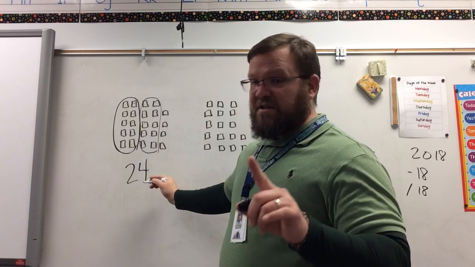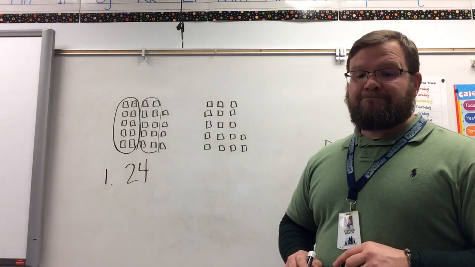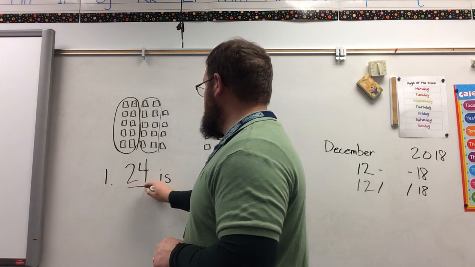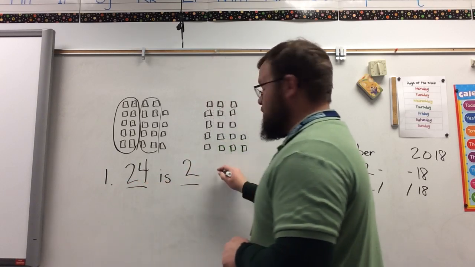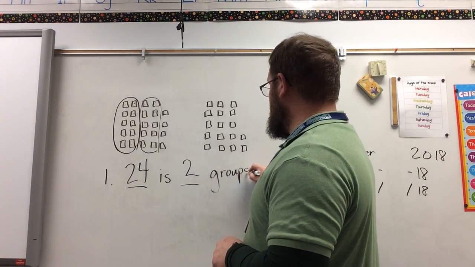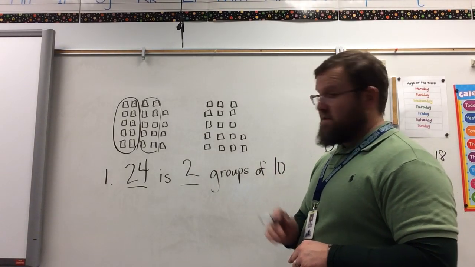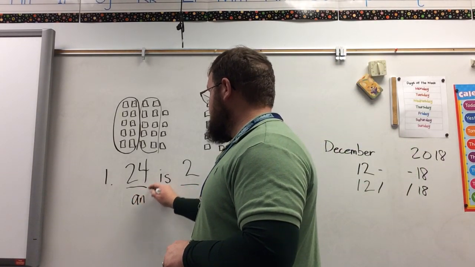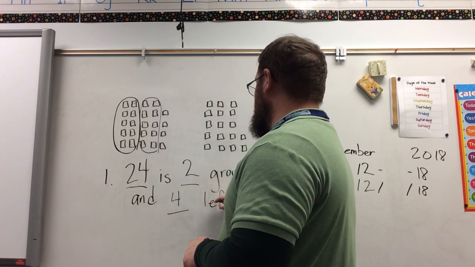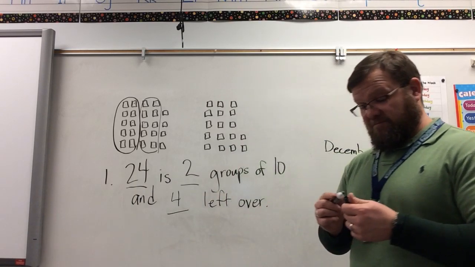So 24, this again is number 1. 24 is 2 groups of 10, and 4 left over.